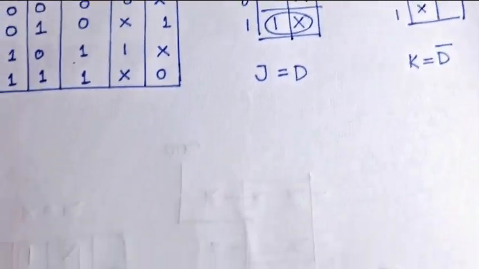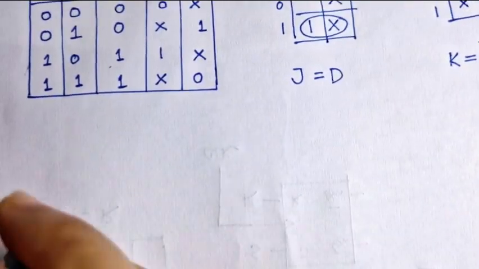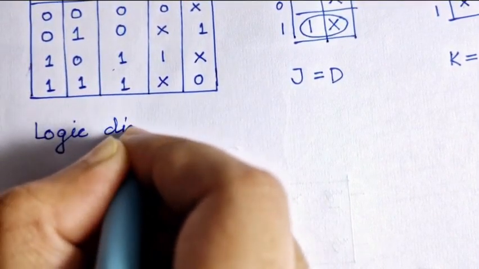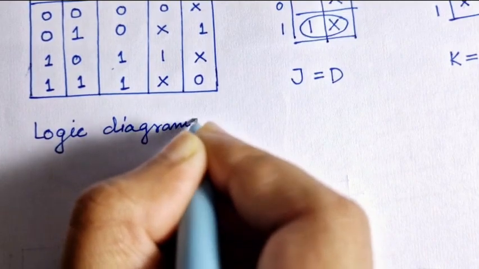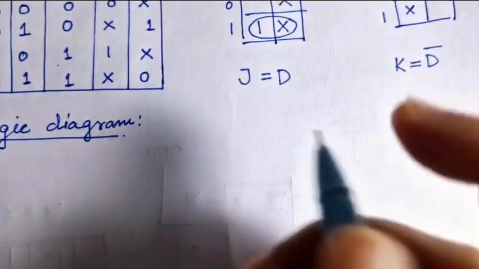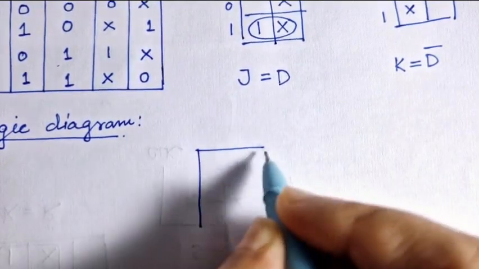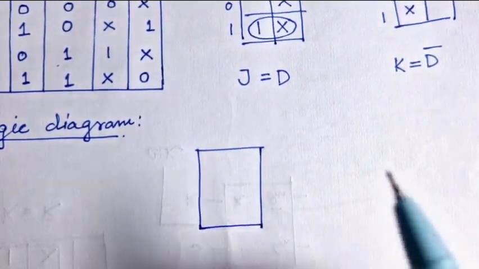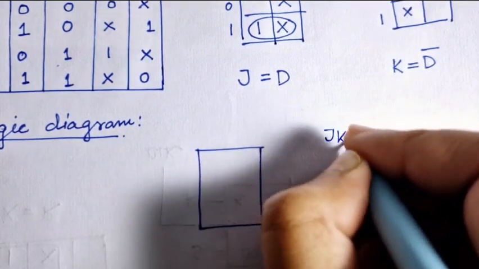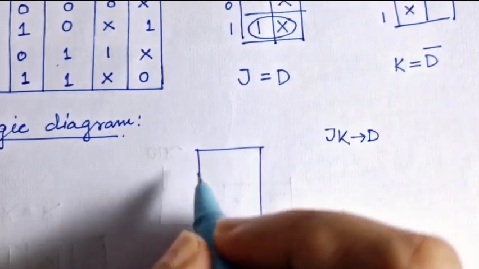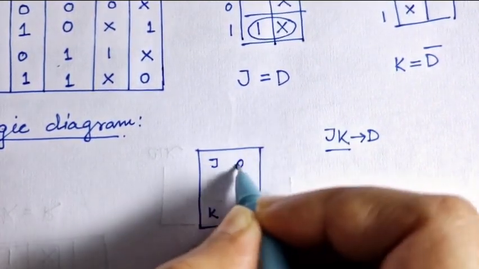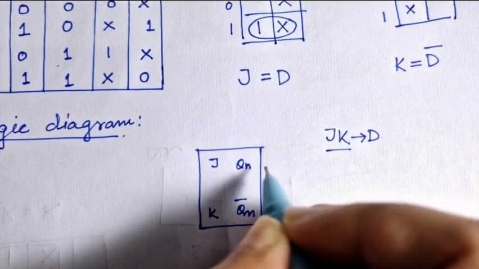Now it's time to draw the logic diagram. The first step is to start with the block. We are converting JK to D, so here we will put the source, that is the JK flip-flop, with outputs Qn and Qn bar.